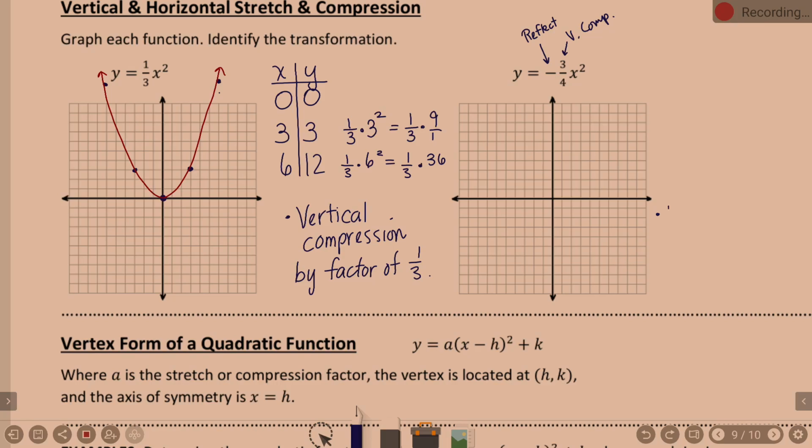So it was reflect across the x-axis and vertical compression by a factor of 3/4.